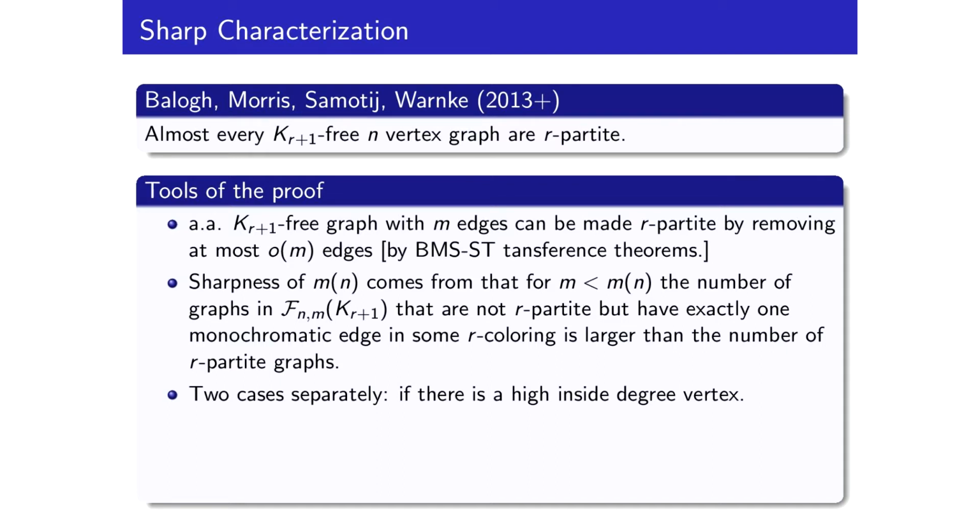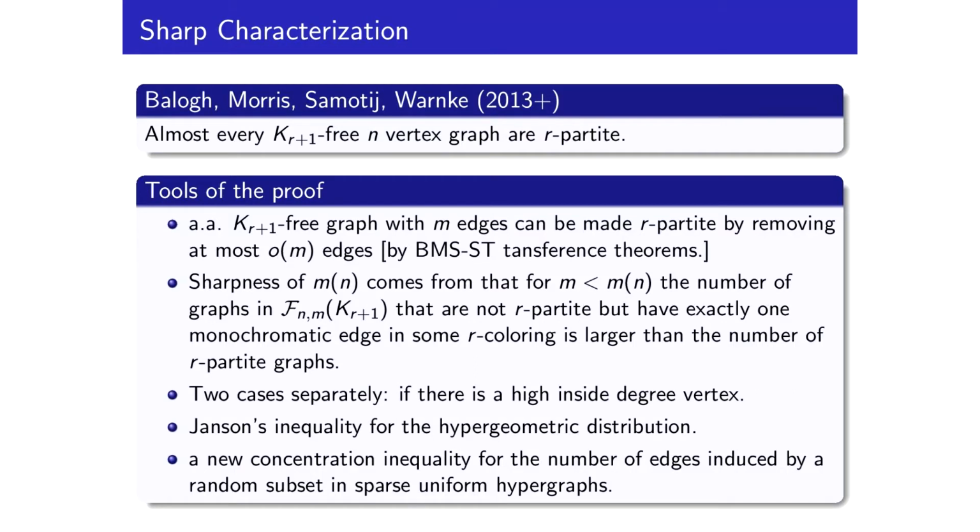So between them it's likely to have an edge, so we are likely to create a triangle. The other case is similar when you have just one edge, but it could be that you have more edges and that you don't have a high degree vertex. But the ways of handling these cases are quite long and technical, and in particular we use Janson's inequality many times.